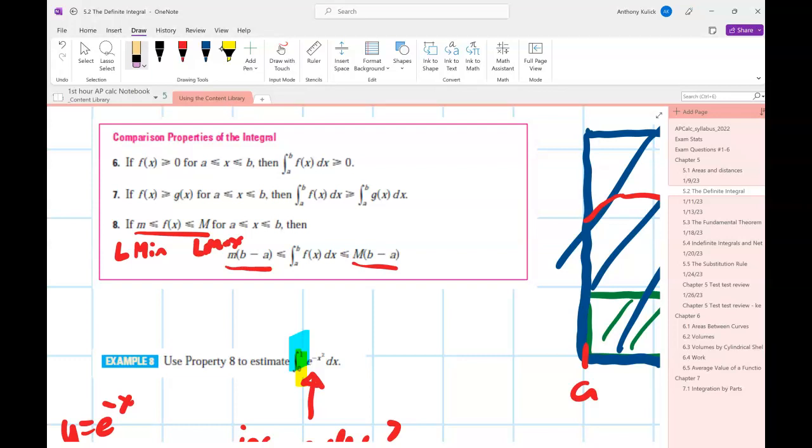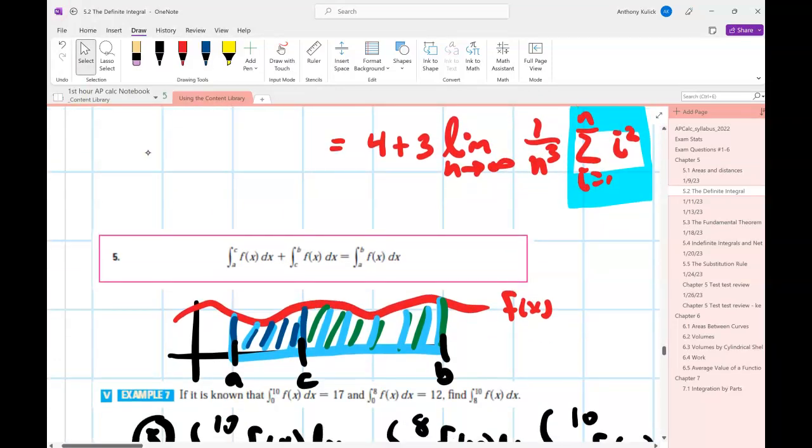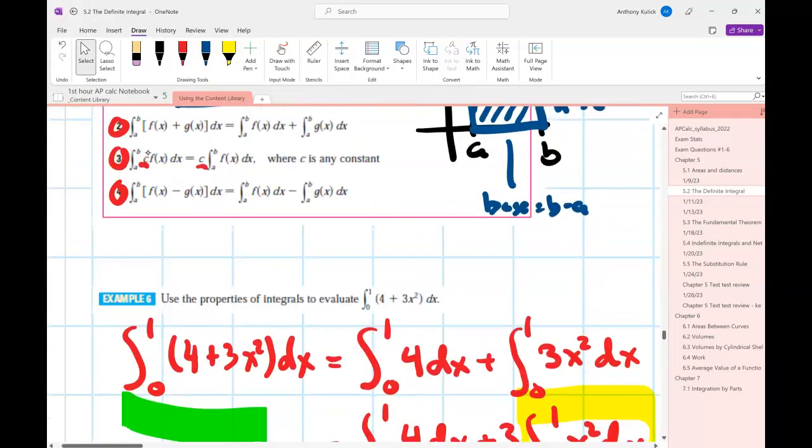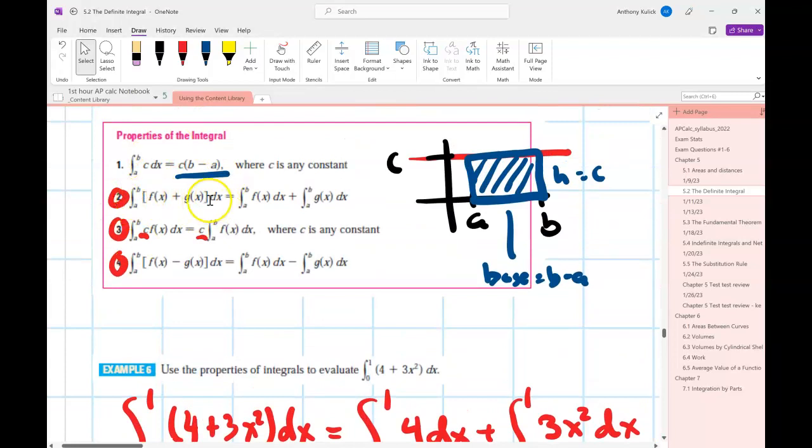But that would be the other ones. Aside from your general antiderivative stuff, those would be the things that I was thinking about. Like this stuff where you can distribute the integral, but we've been doing that all the time, unconsciously, or you pull the constant out front, normal stuff that we've been doing all the time.